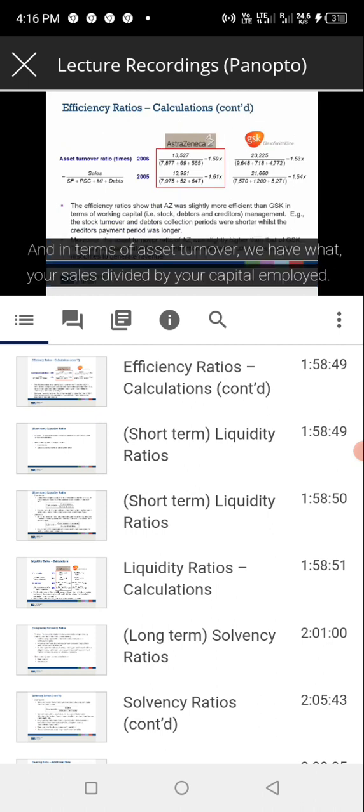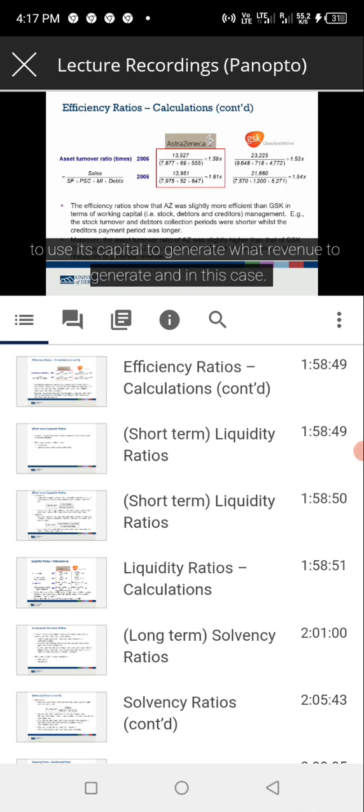And in terms of asset turnover, we have what? Your sales divided by your capital employed. We are measuring the company's ability to use its capital to generate what? Revenue, to generate sales.